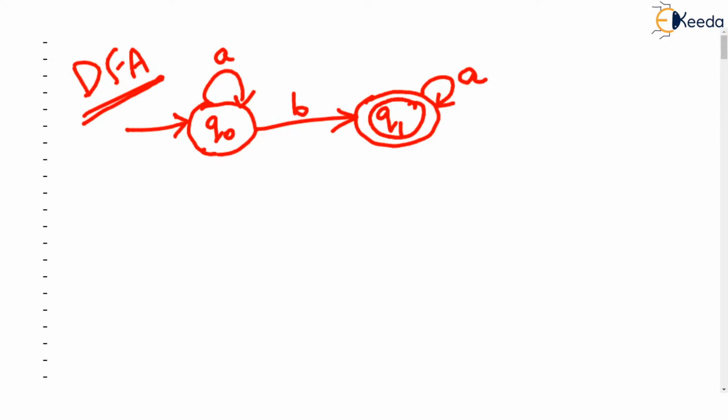Clearly, the diagram that I have drawn here is a DFA which contains two states, Q0 and Q1, Q0 being the initial state and Q1 being the accepting state. And there can be a dead state, from where the DFA will not return to the accepting state at all.